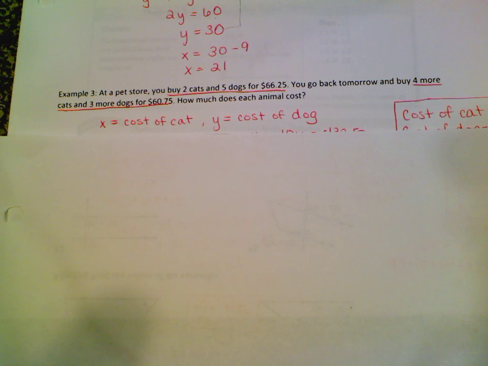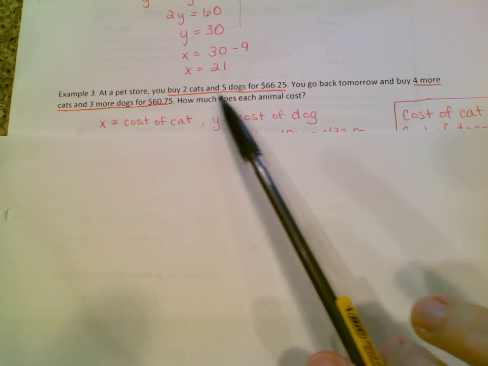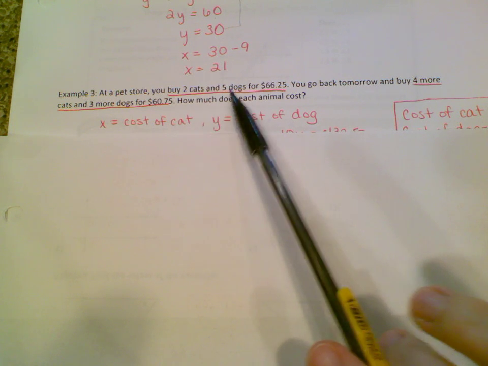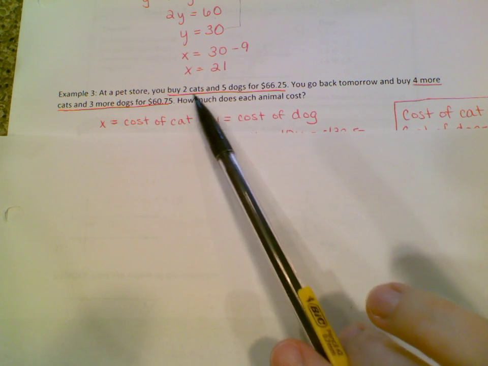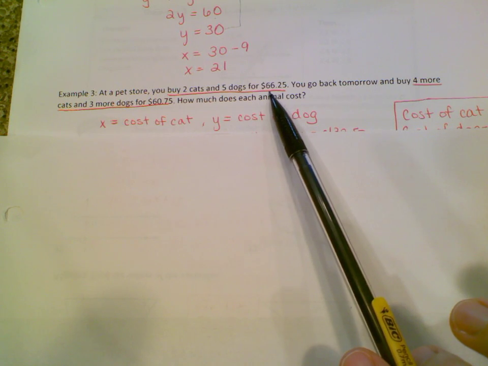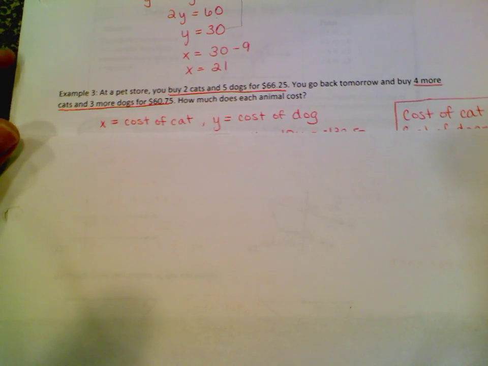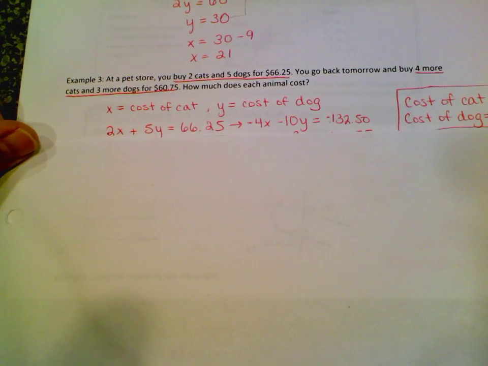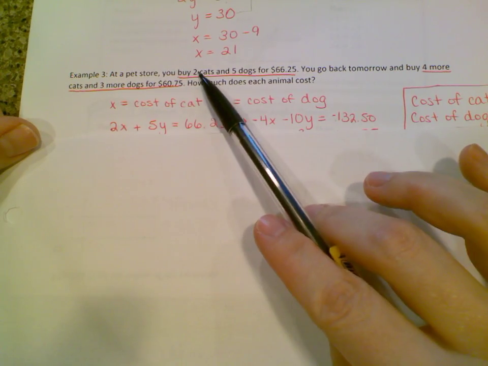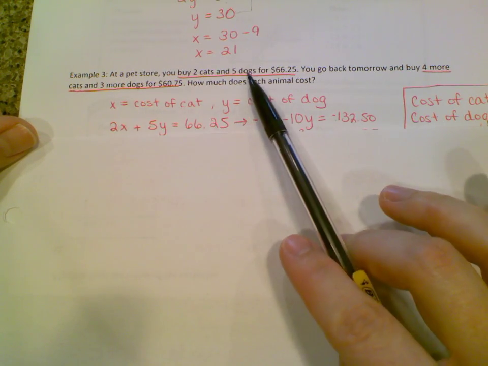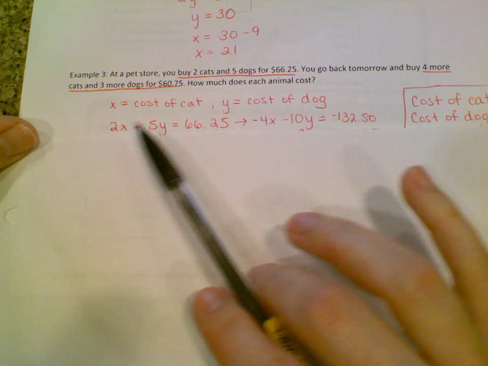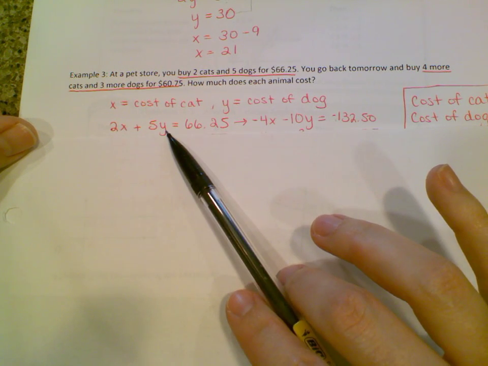The next step is we want to set up our system of equations. So here's my first part. I have 2 cats, 5 dogs for this amount. My total is going to be the $66.25, and then I'm going to put 2 times X and 5 times Y to represent my 2 cats and my 5 dogs.